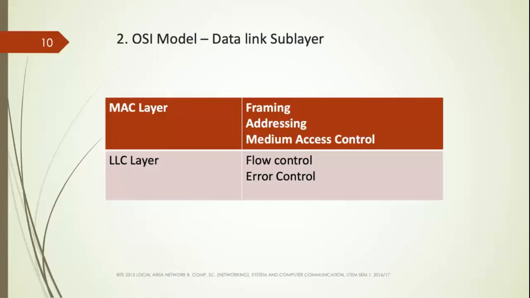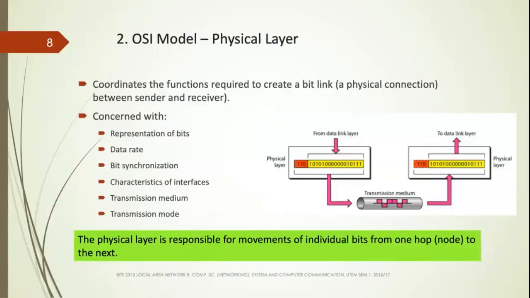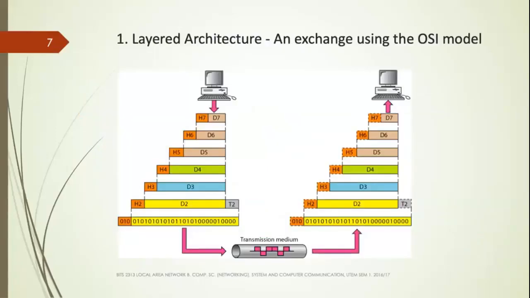And then we have the error control, meaning we make sure that the framing has the right header and trailer. It is the responsibility of the data link layer to make sure that the header and trailer are correct.